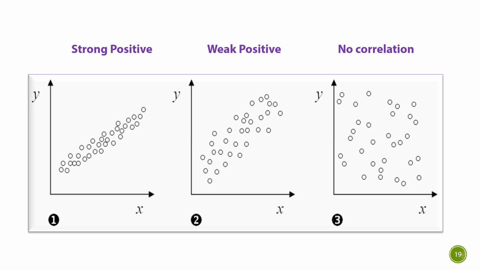So it is strong positive. When it is weak positive, then the distance between data points is large. And when we say that there is no correlation, you can see in the diagram that all the data points are scattered in the two-dimensional space.